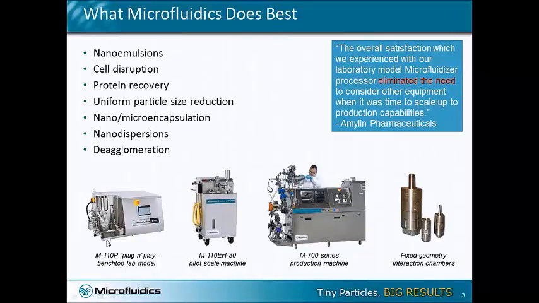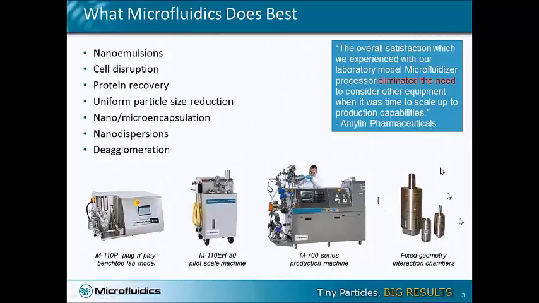The next one shown here is our pilot machine, and the one on the right is our M700 series, which is the production scale Microfluidizer. All of these machines use the same core technology, which is our fixed geometry interaction chambers. I'm going to explain that in just a minute.